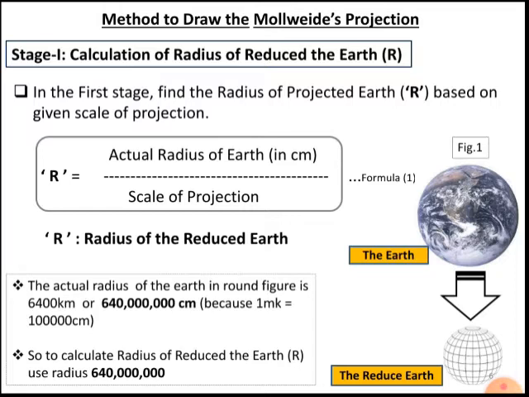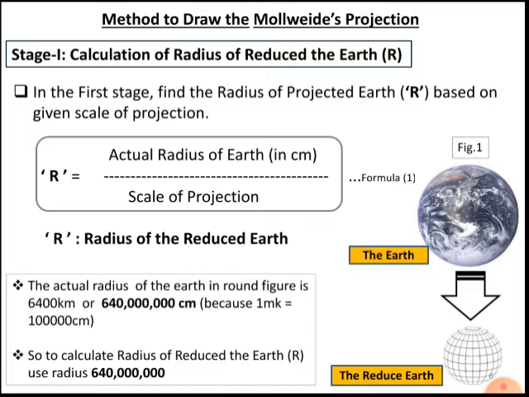In stage one, you have to calculate the radius of the reduced earth, the capital R, which is based on the given scale of the map projection, because the actual radius of the earth is too large, approximately 6,400 kilometers, and that much radius is not possible to handle.